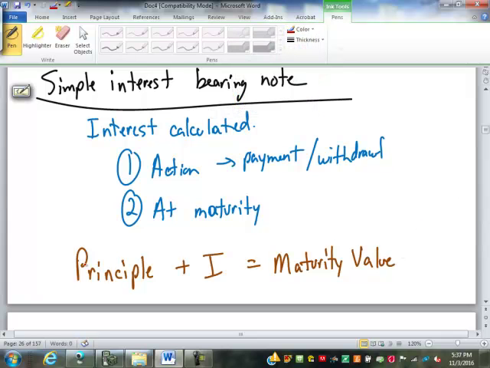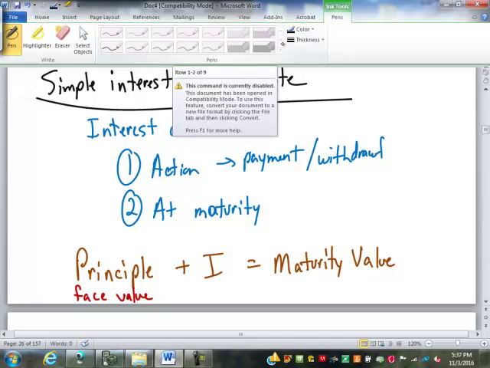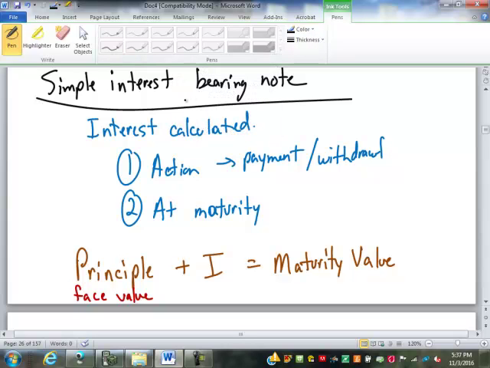The principal in a simple interest-bearing note is often also referred to as the face value of the note. Now you might think, well, that's pretty obvious. The face value is the amount you get, the starting amount of the note. But next week we're going to look at something called simple discount notes where that is not necessarily the case. We might even touch on them a little bit before we're done tonight.